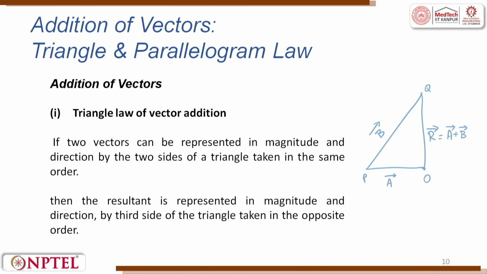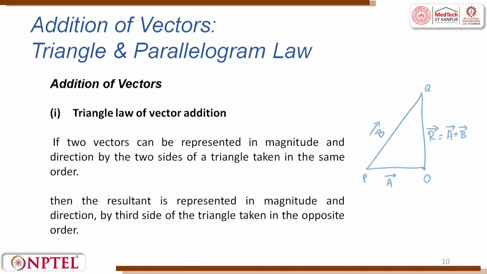A simple example in engineering: when we look at Merchant circle diagram in metal cutting operation, we will use these triangle laws for addition of vectors. So, in engineering it has lots of applications. Let us understand the fundamentals and keep moving. In fluid mechanics, thermodynamics and aerospace engineering, we will use this addition of vectors, triangle law and parallelogram law.